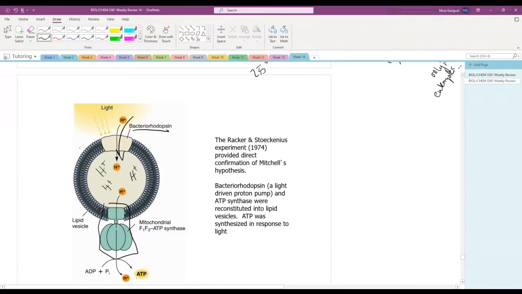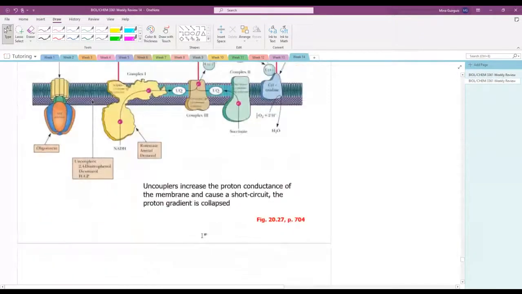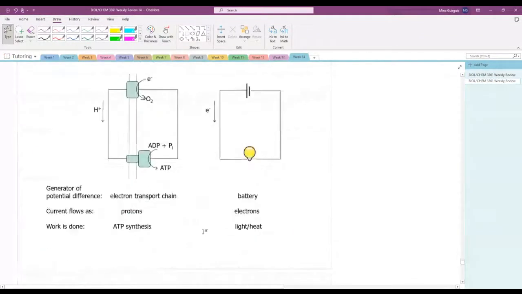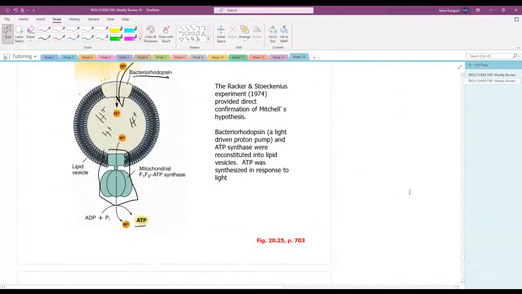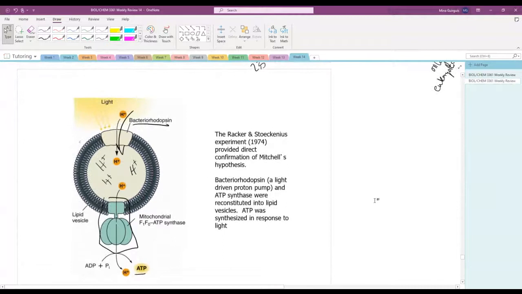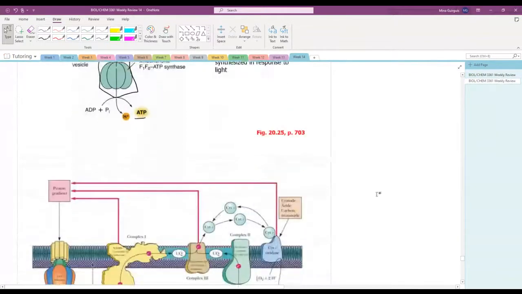And they found ATP does get created. So what if they'd found that ATP wasn't created? Well, then they could say the proton gradient isn't what's causing ATP synthase to spin.